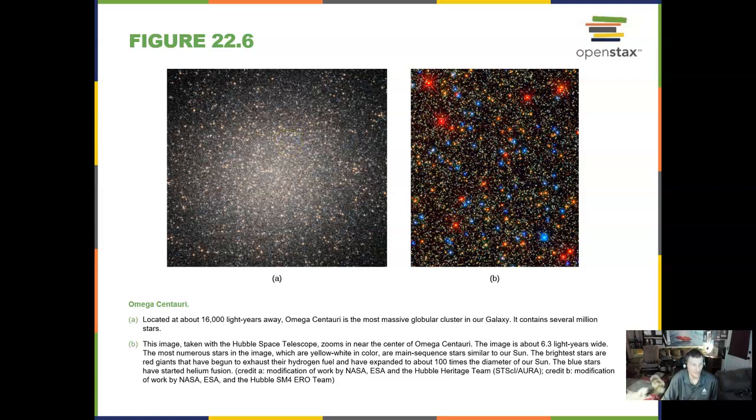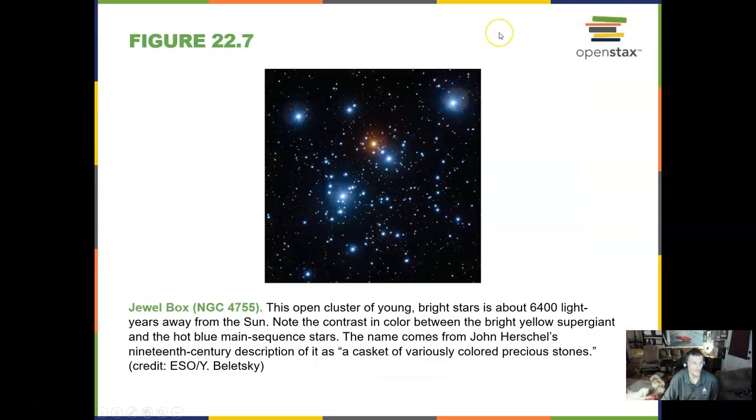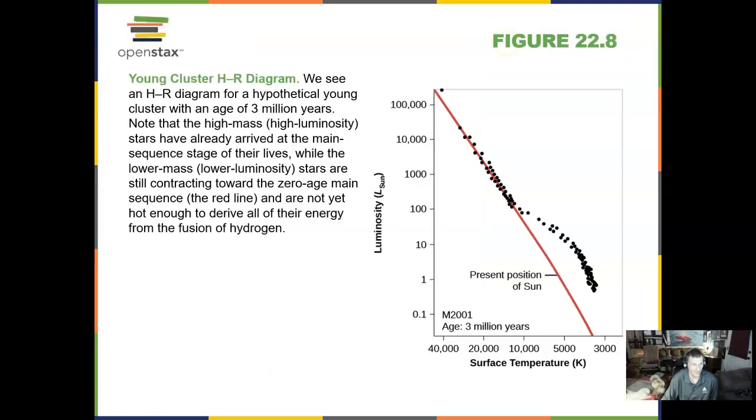It is a southern hemisphere object, 16,000 light years away. Here is the Jewel Box, and we give some of these extragalactic items names called NGC, New General Catalogue, and a number. Astronomers love catalogs. We have dozens of catalogs with weird names.